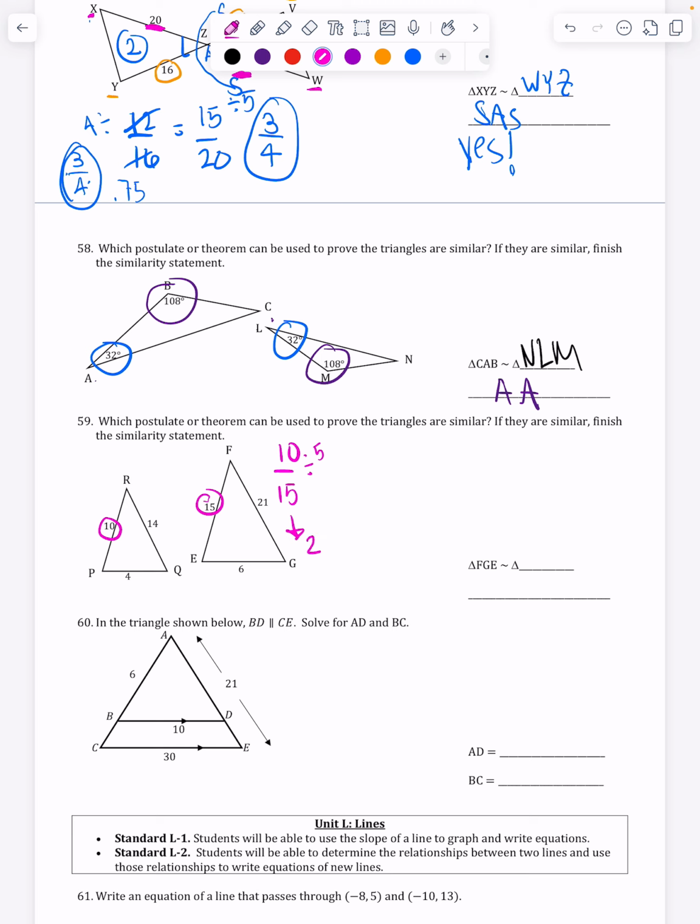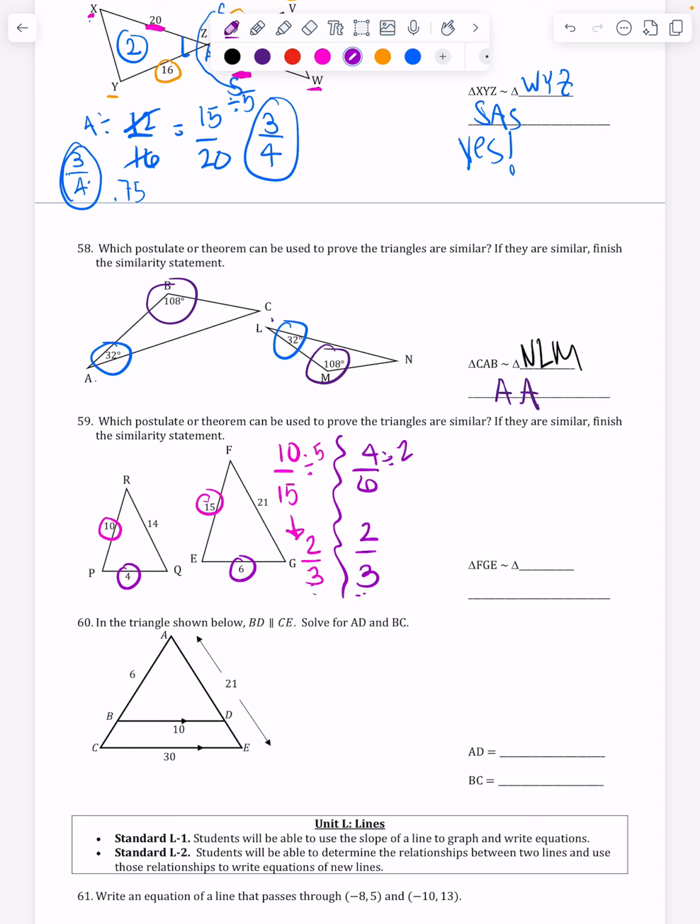So this is going to become 2 over 3. Okay, and now I'm going to see that my 2 smallest sides were 4 and 6. So I'm going to do 4 over 6. Well, these both reduce by 2. So 4 divided by 2 is 2, and 6 divided by 2 is 3.